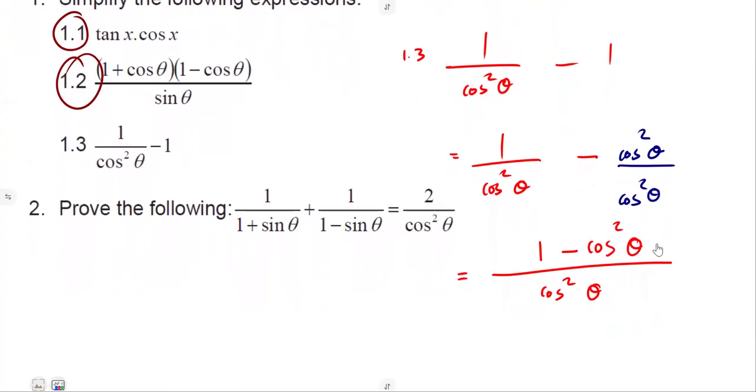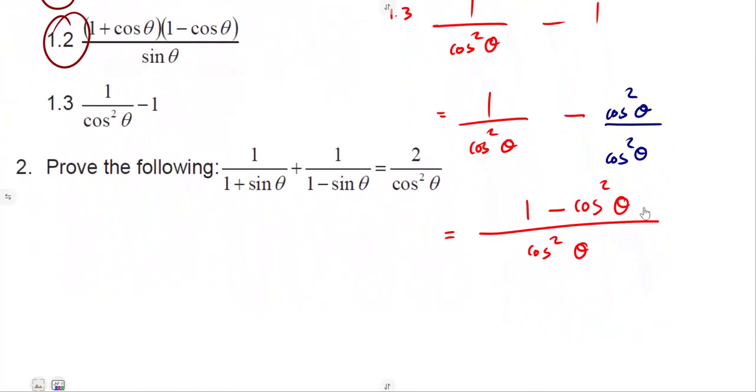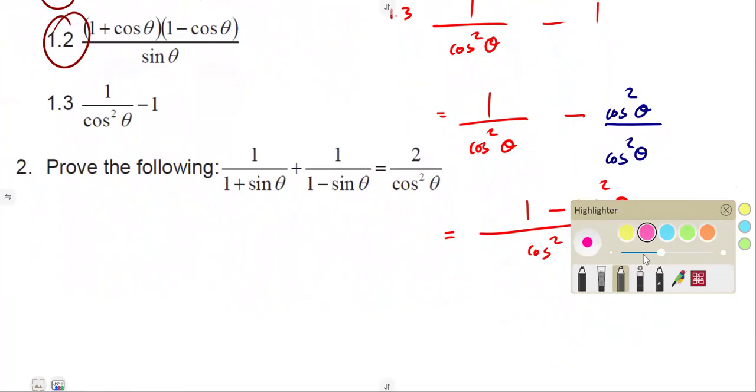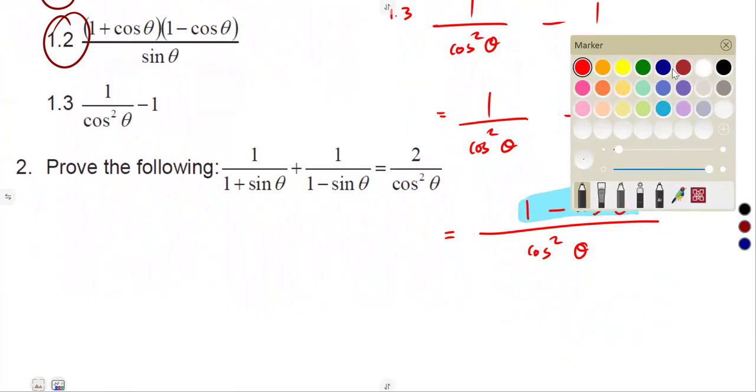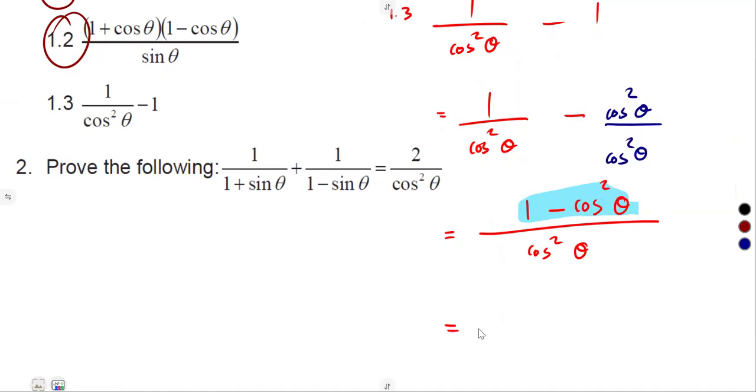So now that we have got this, is it written in simplest form, guys? As long as there's a substitution to be made, it is not in simplest form. Remember 1 minus cos squared is the same as what? Sine squared. So this has a substitute. So that's sine squared of theta over what?